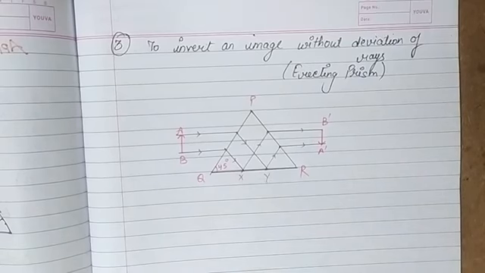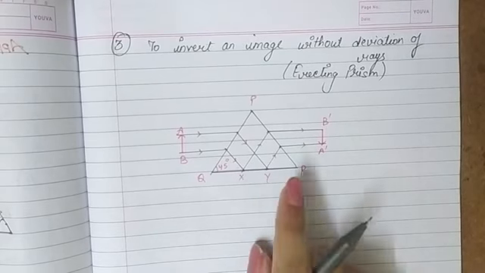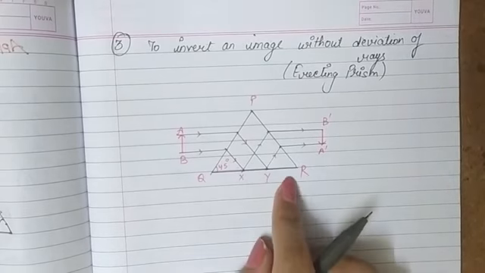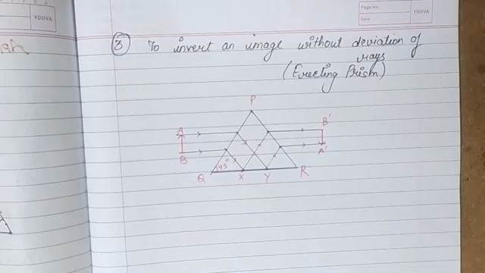So these are the advantages of totally reflecting prism, or the applications of this totally reflecting prism. The advantage of using this prism as an inverter of image instead of a plane mirror is that there is no loss of intensity in the case of prism.